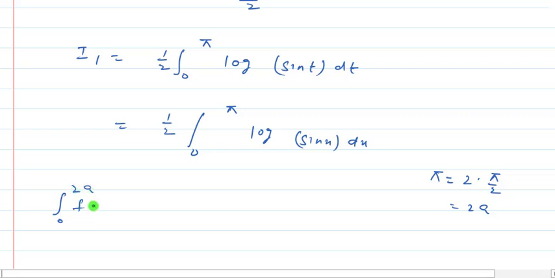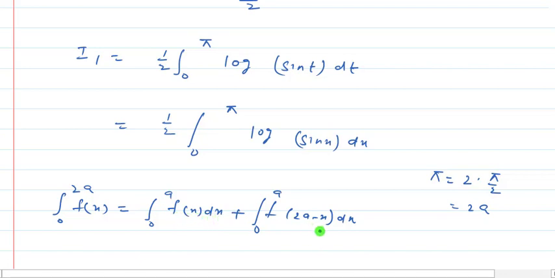integration 0 to 2a f(x) dx is equal to 0 to a f(x) dx plus 0 to a f(2a minus x) dx. And here again, if f(2a minus x) is plus f(x), then it is twice of 0 to a f(x) dx.